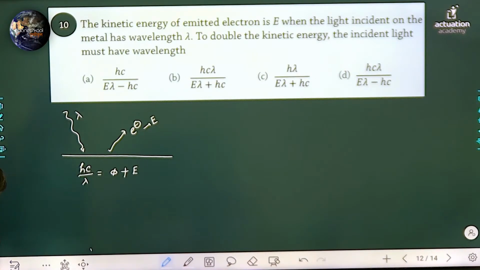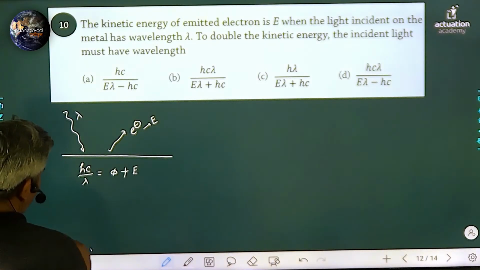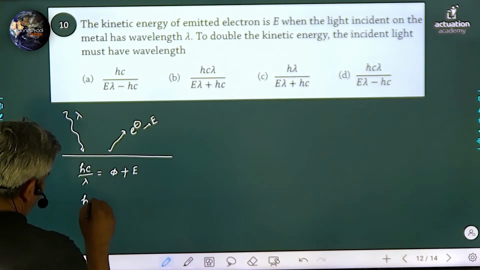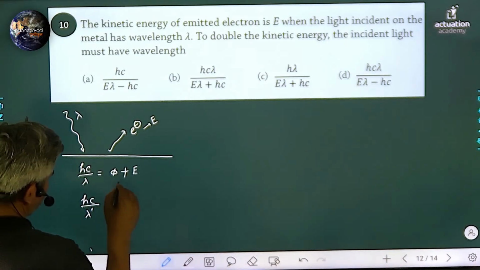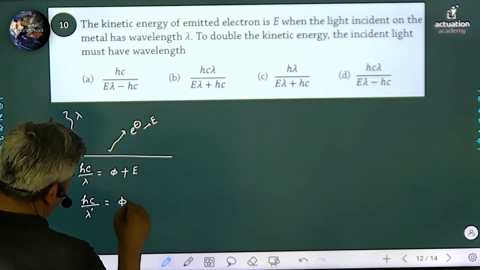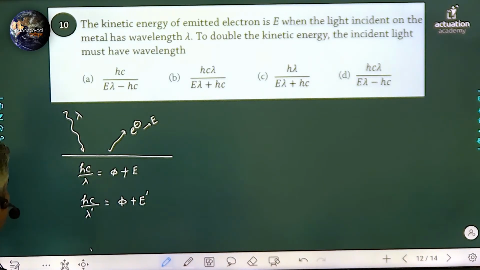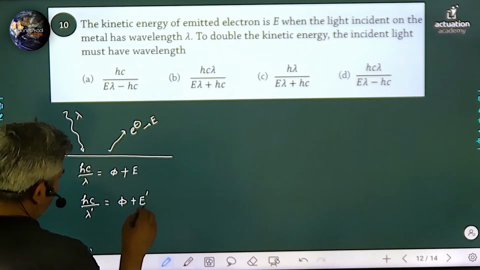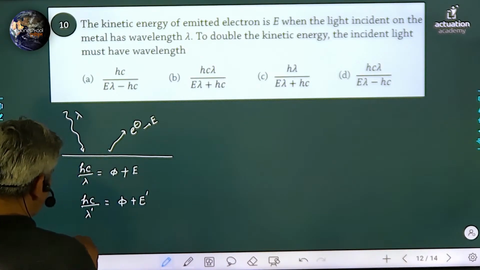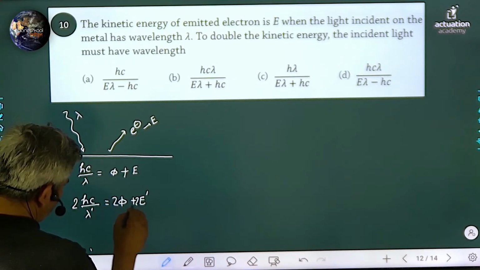Now we need to double the kinetic energy and find out the new wavelength. Let's say the new wavelength is lambda dash, then hc by lambda dash is phi plus E dash. From here we want twice the kinetic energy. So if we want twice, then let's make it 2 times, 2 times, and 2 times.